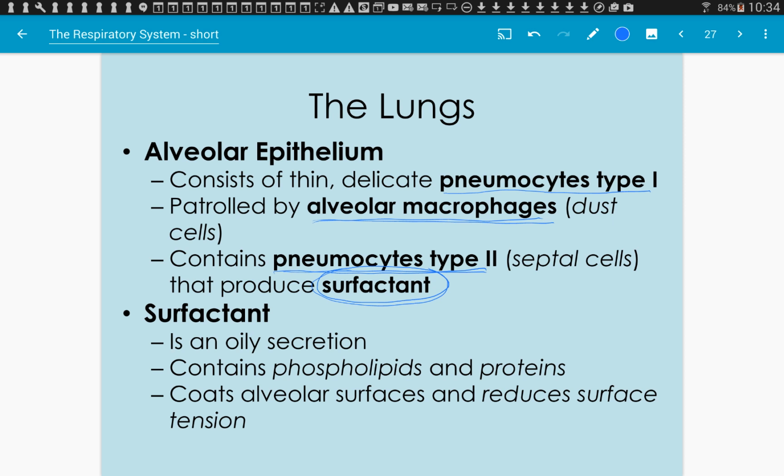So thus, one of the reasons why we like to have babies develop full term, but treatment has improved dramatically for babies who are born early. I believe there's even a synthetic surfactant now that can be used to assist with the maturation of those lungs.